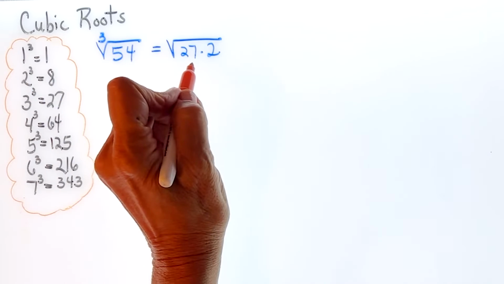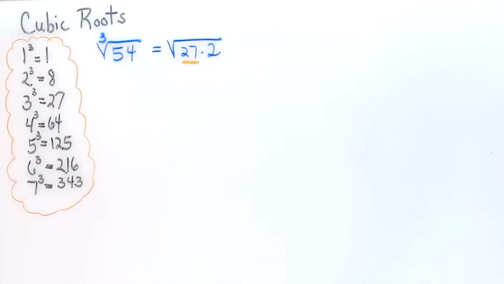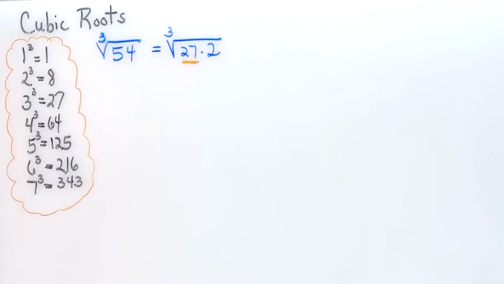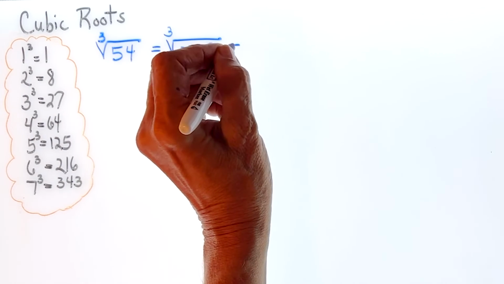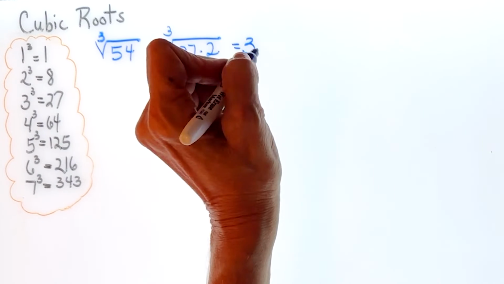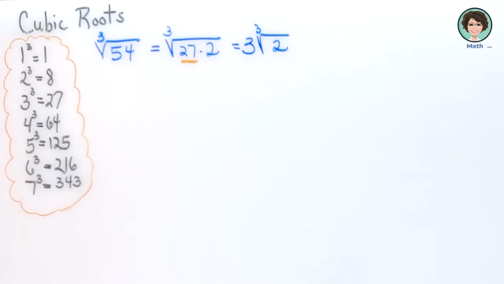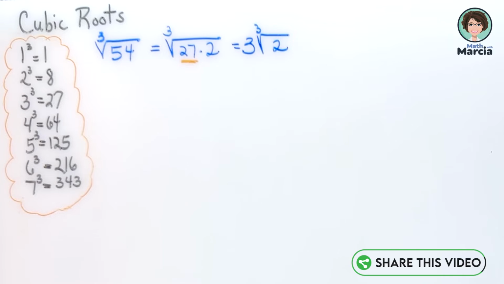And right here, you see that the 27, and again, you got to make sure you put your cubic root in there, your 27 is a perfect cube. So when I simplify it outside of the cubic root house, I'm going to put just a 3. And what is left inside is a 2. So the cubic root of 54 simplifies to 3 times the cubic root of 2.